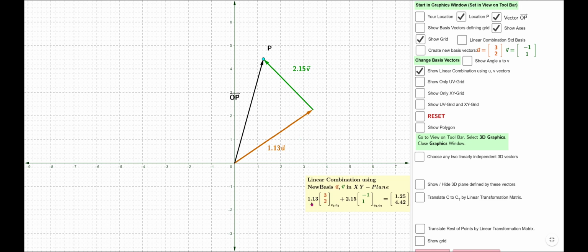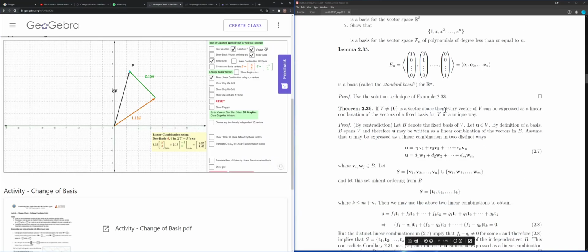It's finding the constants here, the C1 and the C2, such that this black one, which is the right hand side, could be expressed as a linear combination of the red one. In other words, the red one times some scalar, and then the green one times some scalar, right? And when you add these two, you get this black one on the right hand side, right? Okay, so every vector of the vector space can be expressed as a linear combination of the basis vectors.